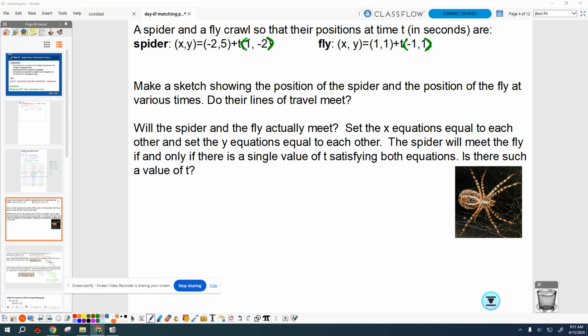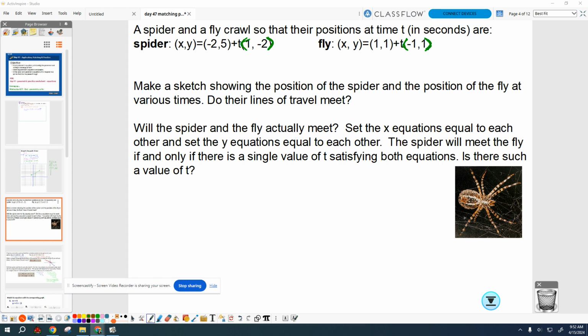And then at 2 seconds, the spider's at 0.1, and the fly is at -1.3.